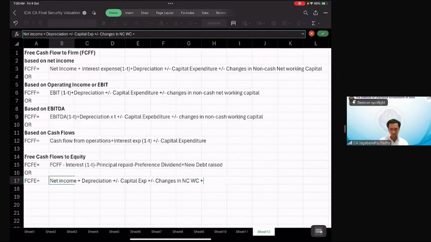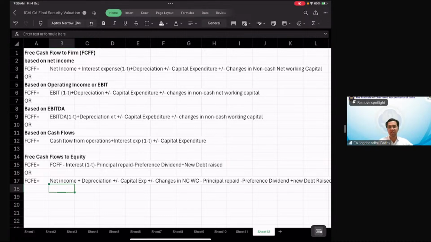And then what we do is we reduce the principal repaid, right? We also reduce one more thing, which is the preference dividend. Then add back any new debt raised.